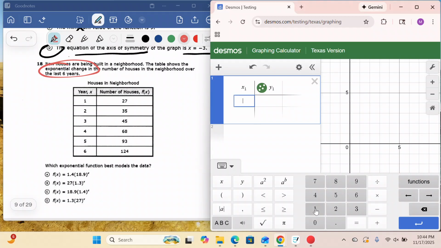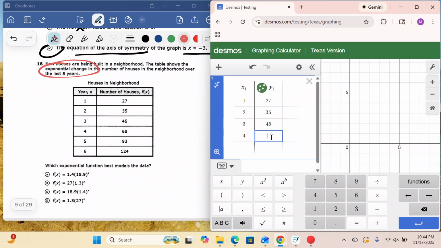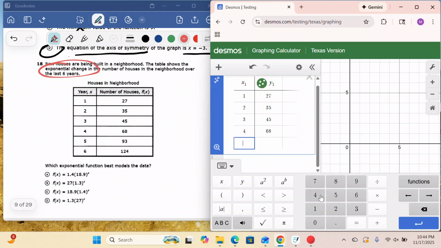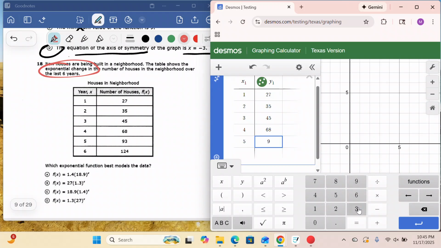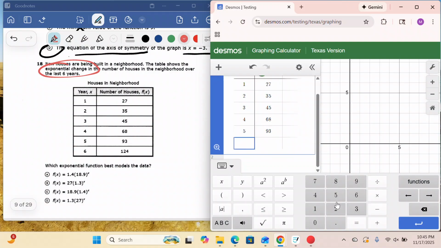It's going to be 1 comma 27, 2 comma 35, 3 comma 45, 4 comma 68, 5 comma 93, and 6 comma 124.